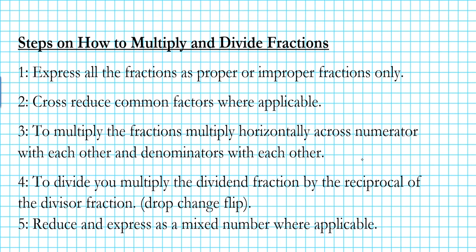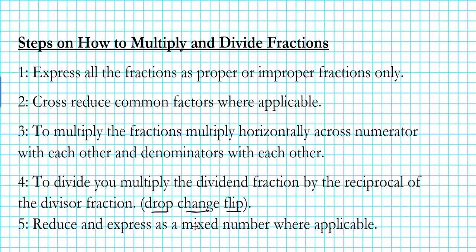To divide, in step 4, what you do is you multiply the dividend by the reciprocal of the divisor fraction. I like to use the term drop, change, flip. So you drop the dividend, you change the division to multiplication, and you flip the divisor, interchanging the numerator and the denominator, which is equivalent to reciprocation.